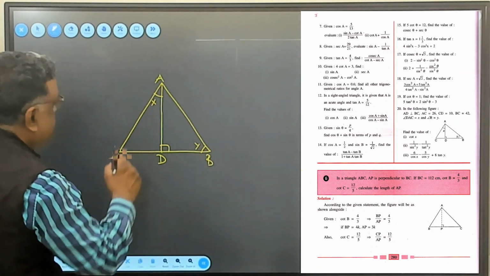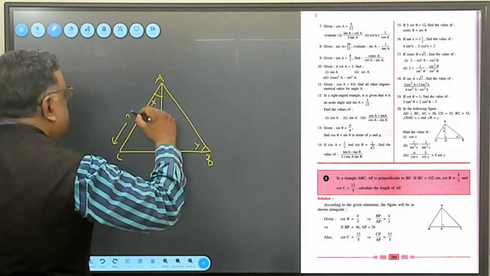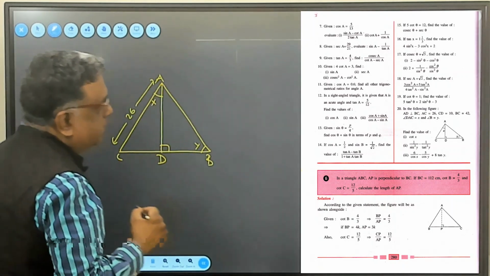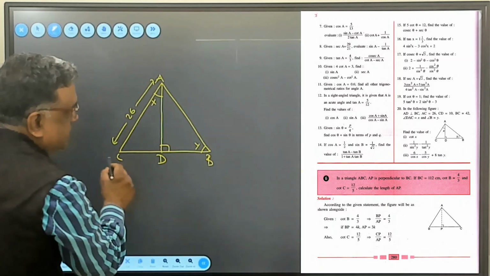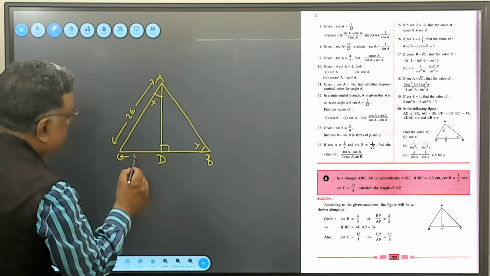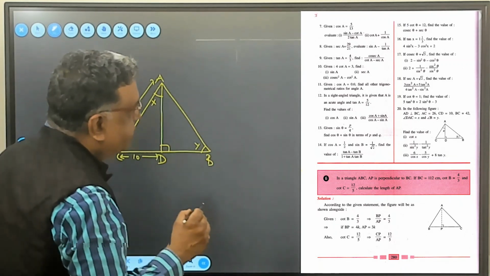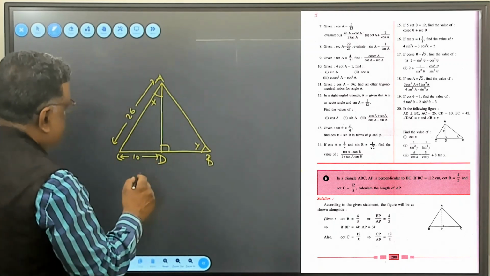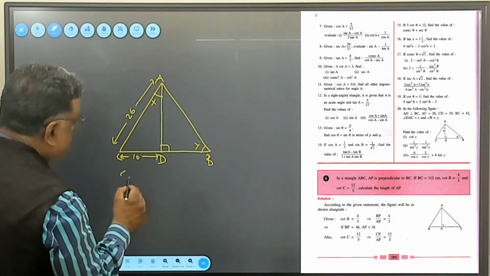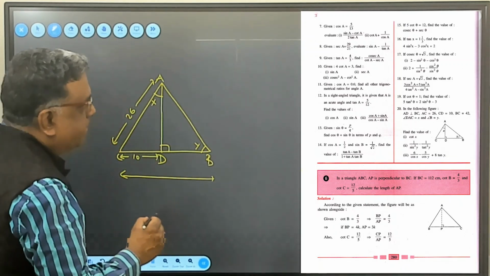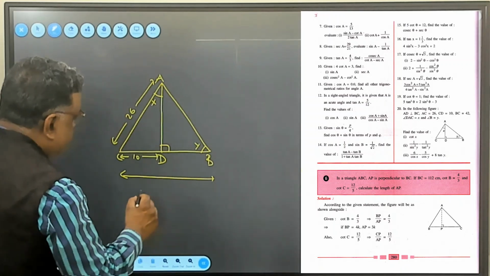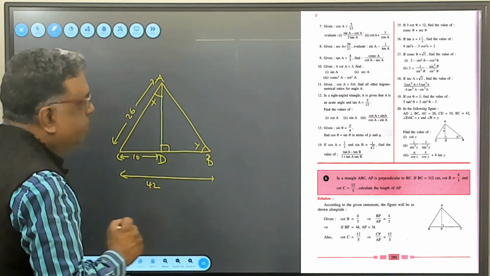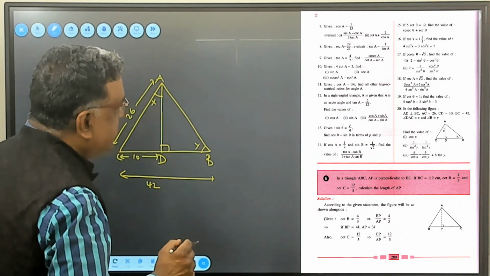AC is 26, so this length is 26. CD, this length is 10. BC, this entire length, is 42. Very good. And DAC is X and B is Y.